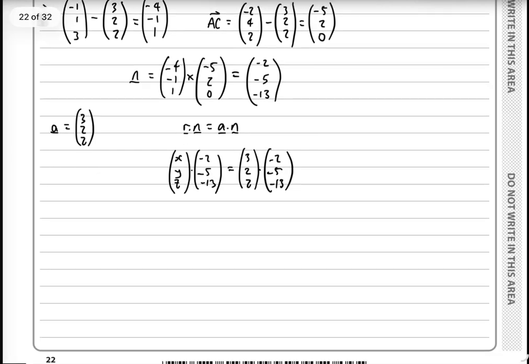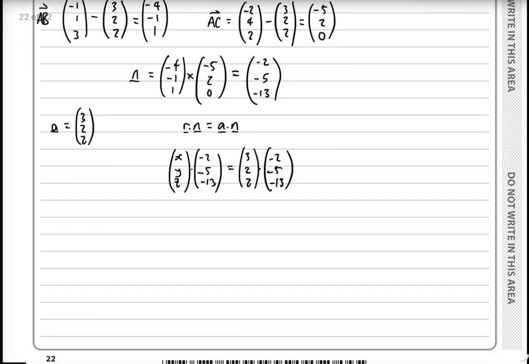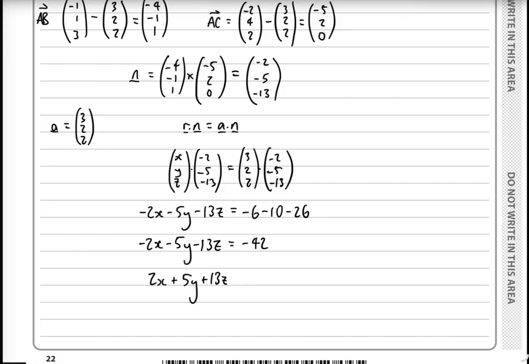And I'm going to do both sides of this because I want it in Cartesian form. So we've got minus 2x minus 5y minus 13z. And on this side, minus 6 minus 10 minus 26 gives me minus 42. And then all those negatives don't look very nice. So just switch those around. And there we go, a Cartesian equation of plane 1.